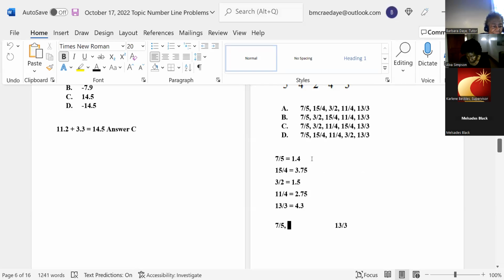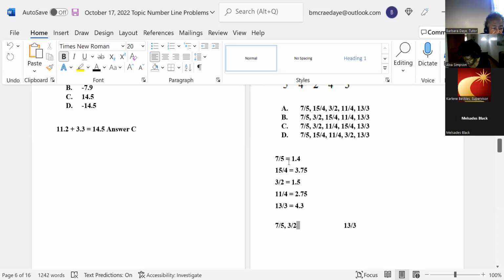What is the next highest after the 1.4? What decimal comes next to 1.4, increasing? 1.5. And that is what fraction? 3 over 2.